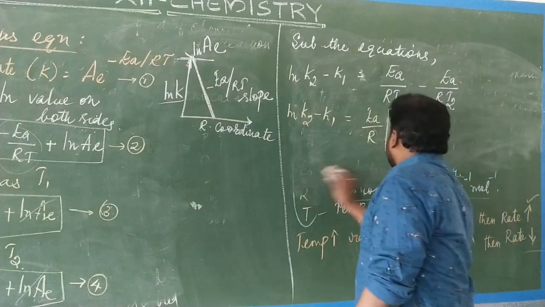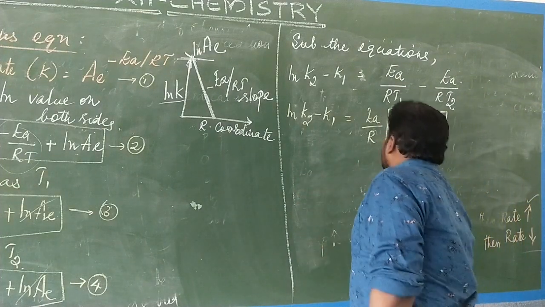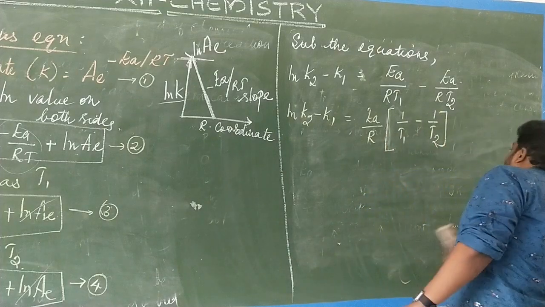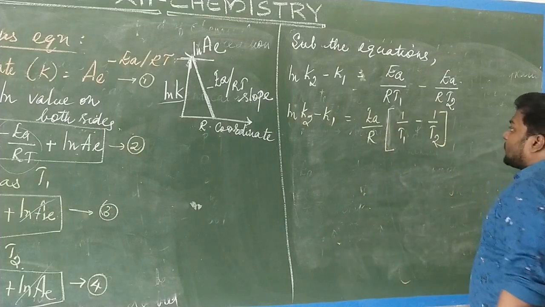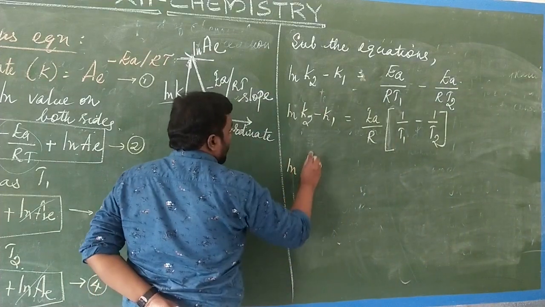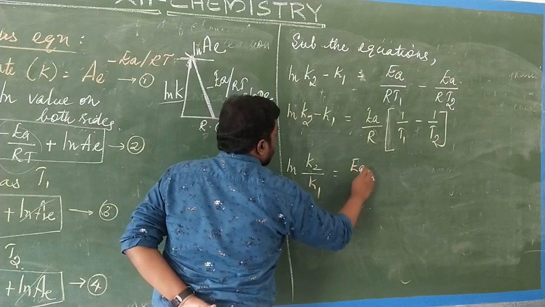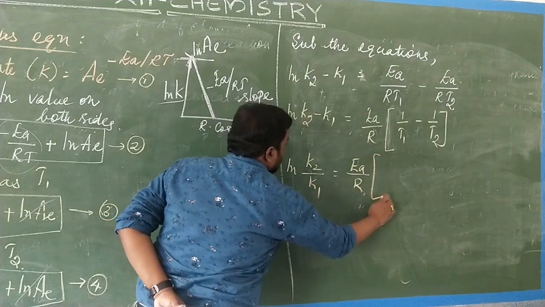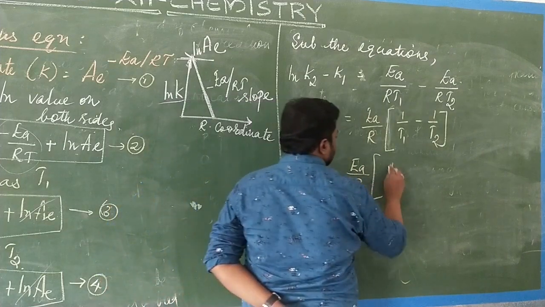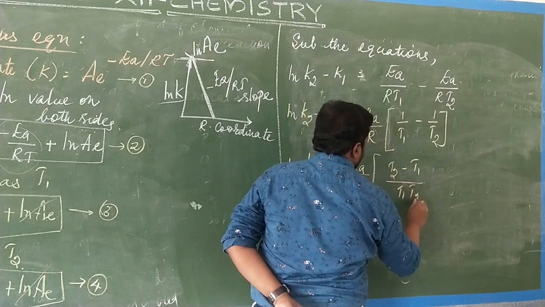So what I am getting? ln of K2 by K1 will be equal to EA divided by R into, on cross multiplication, T2 minus T1 divided by T1 into T2 now.